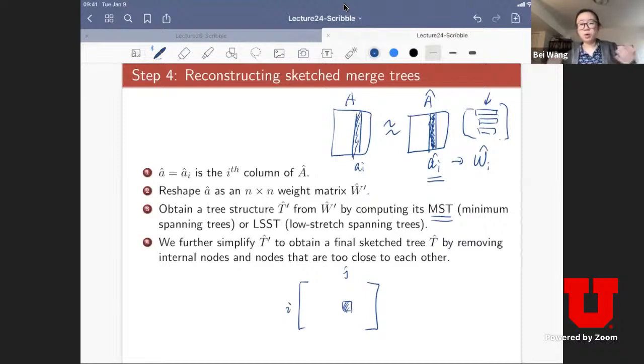And then there are some more technical things. Remember, I have blown up this original tree to be something much larger. So even if I compute the minimum spanning tree here, I'm going to get a tree that is pretty large. So the last step, which is a technical step, is you need to simplify it quite a bit, because, remember, you duplicated some nodes when you initially blew up the tree, right?